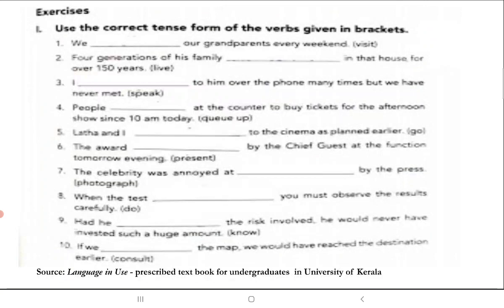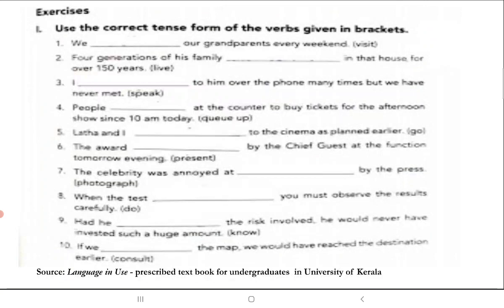Will be presented. The celebrity was annoyed at dash by the press. The word is photograph. Here a little bit of change in the tense form with the help of another helping word is being used. The celebrity was annoyed at being photographed by the press.